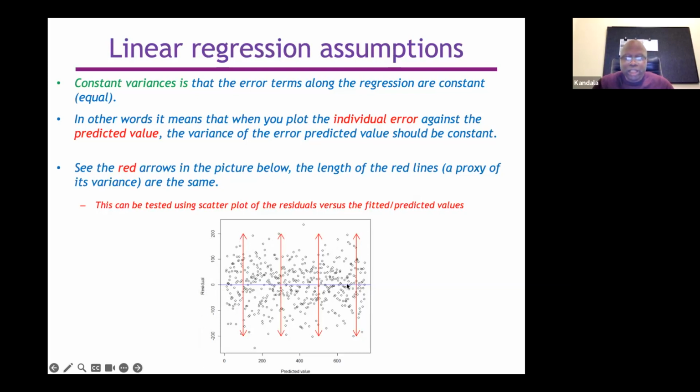If we are at 0, there is a line, and the distance from 0 to 200 is equal to the one from 0 to minus 200. So you can see the consistency there, and with it you are able to say whether your variance is constant.